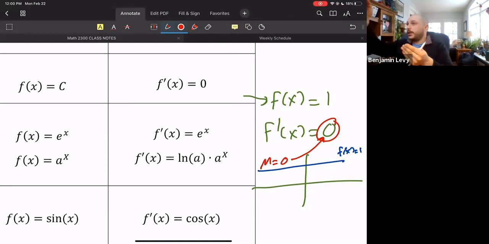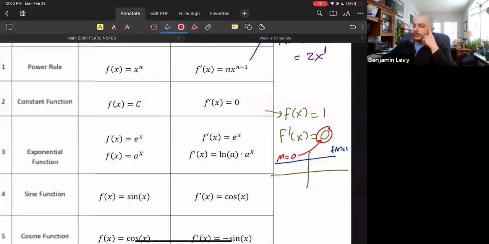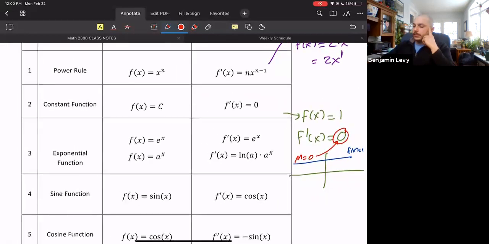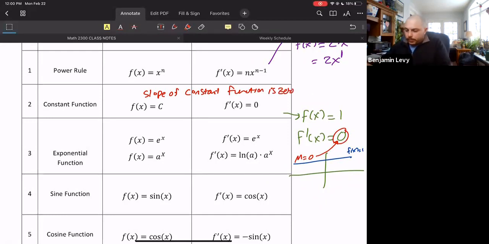That's literally what f being constant and f prime being 0 means. Is that helpful? Maybe I'm going to write that down. Let me just say the slope of a constant function is 0. That's what this rule is telling us.